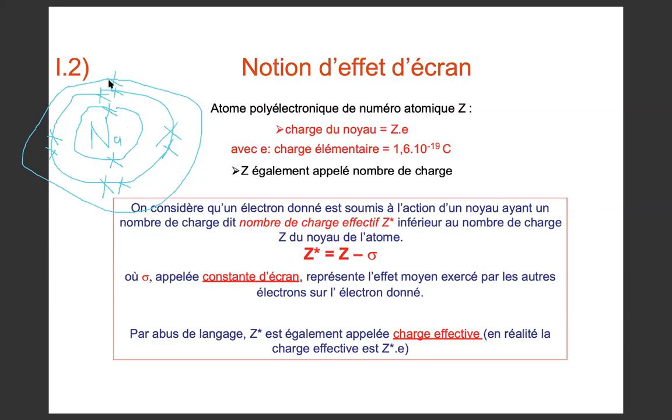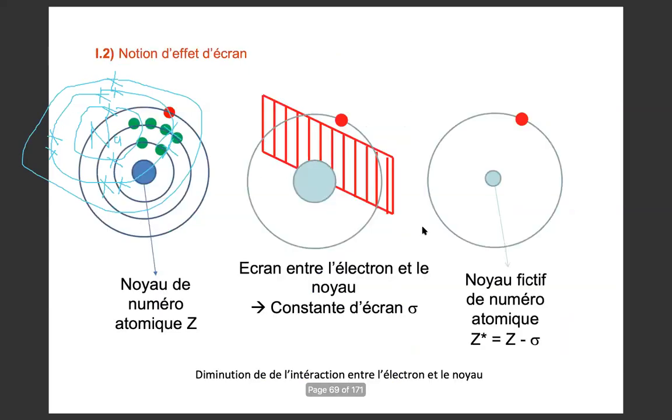So when you are removing an electron, there's a representation here, I think. When you are going to remove an electron in the process of ionization, you are going to have a screen effect. Like how can I put it?